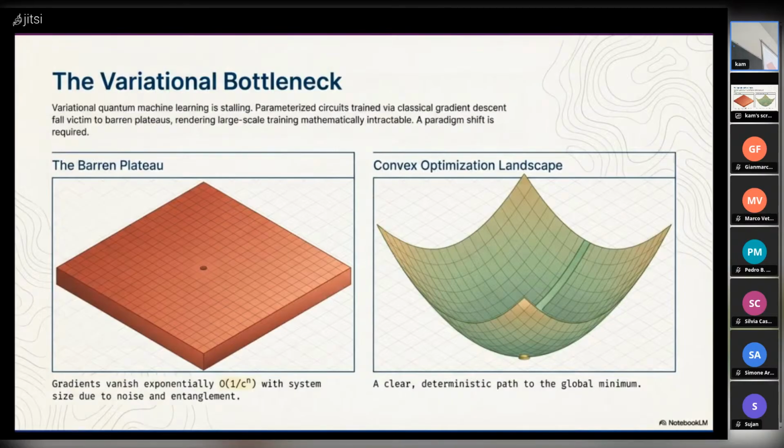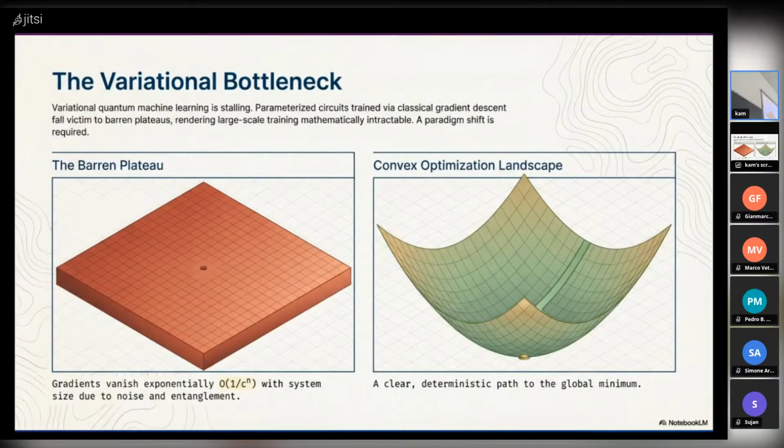The big idea is that quantum machine learning has a very serious issue that everyone who works in this field knows, called the barren plateau. If you try to tune the parameters, but the parameters get more and more, then finally you realize that the classical gradient descent method failed completely, because your parameter landscape is geometrically like a plateau, and you don't know where to go.